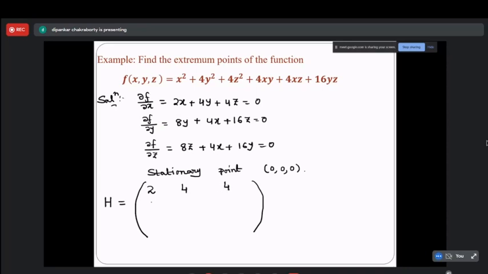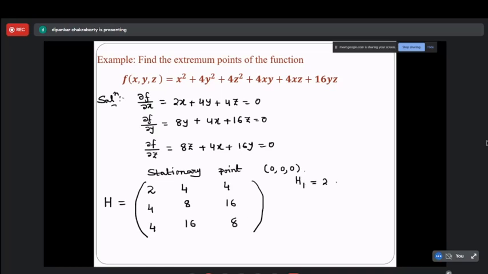As we know it is symmetric, the first column will be the same as the first row: 2, 4, 4. No need to calculate that. Next, del 2f del y2, what is that? Good. Del 2f del yz is 16, so automatically it will also come as 16. Next, 8.